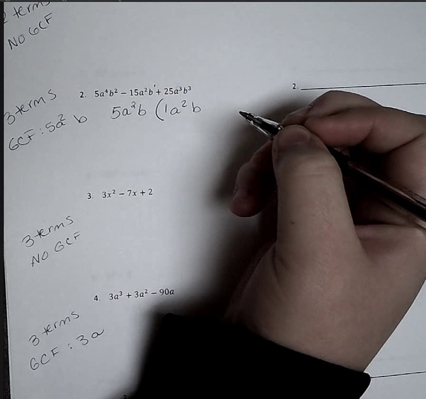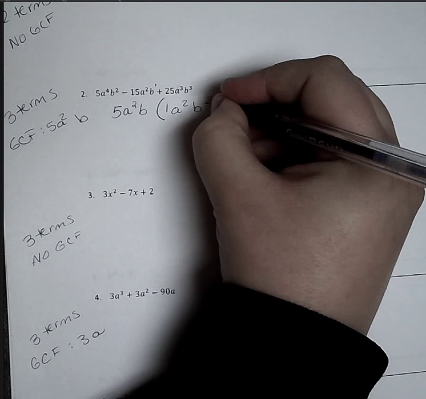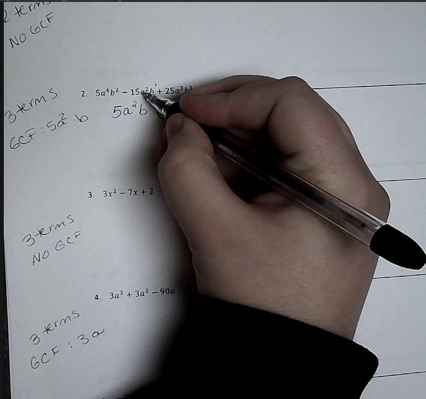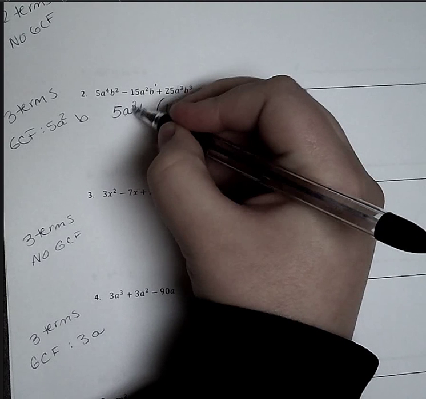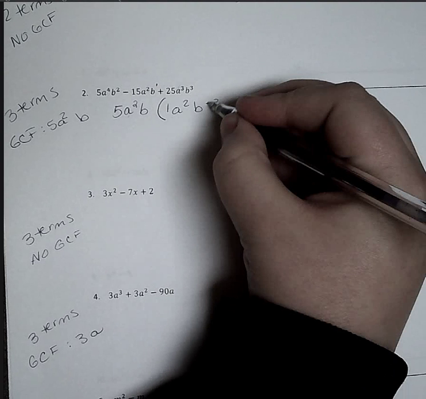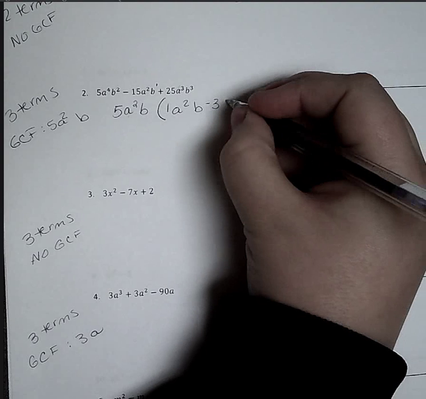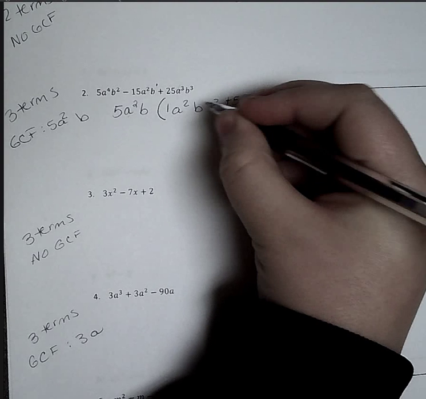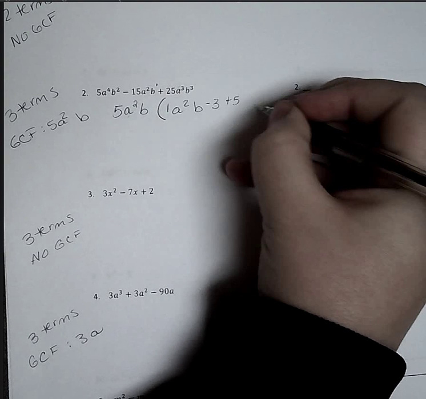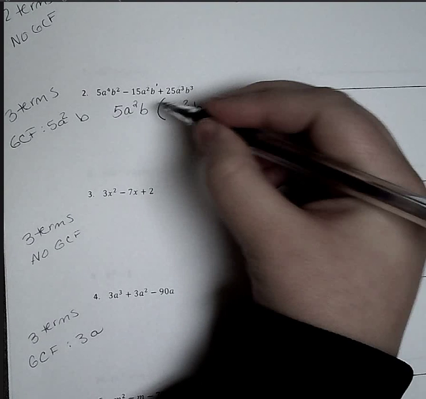Then negative 15 divided by 5 is negative 3. A squared divided by a squared, those cancel. B divided by b, those cancel. So you're left with just a minus 3 here. And then 25 divided by 5 is 5. 3 a's, you take 2 away, so you're left with an a to the first. 3 b's, you take 1 away, you're left with a b squared.